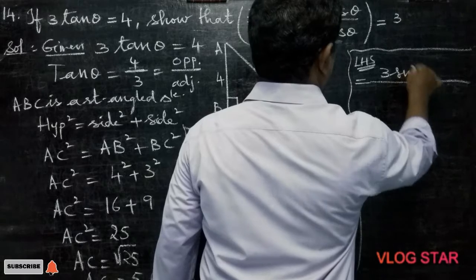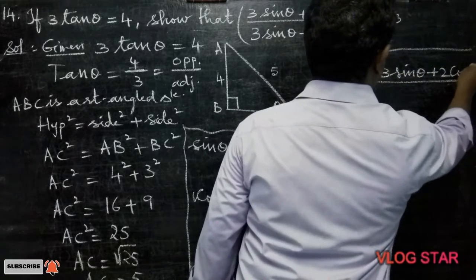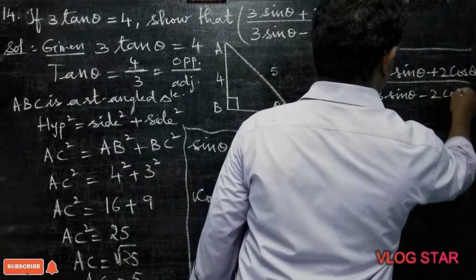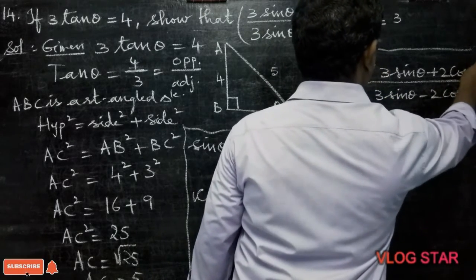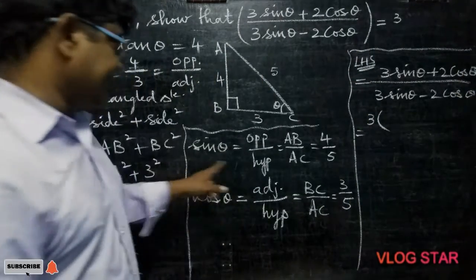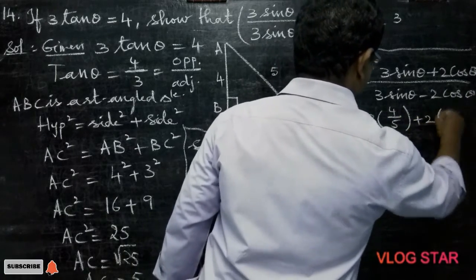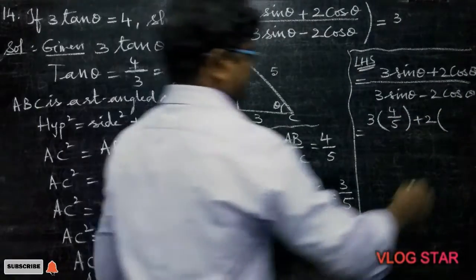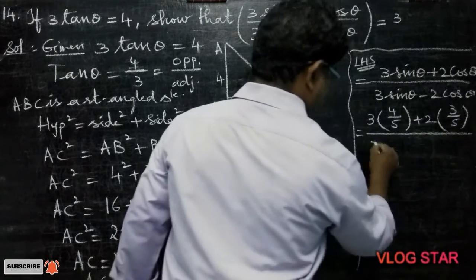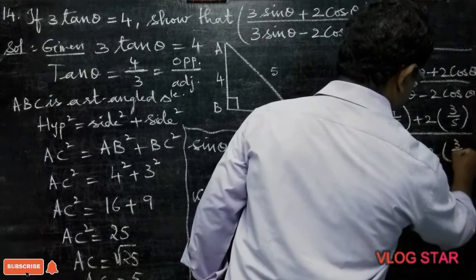3 sin theta plus 2 cos theta by 3 sin theta minus 2 cos theta is equal to 3 into sin theta, 4 by 5, plus 2 into cos theta, 3 by 5, divided by 3 into 4 by 5 minus 2 into 3 by 5.